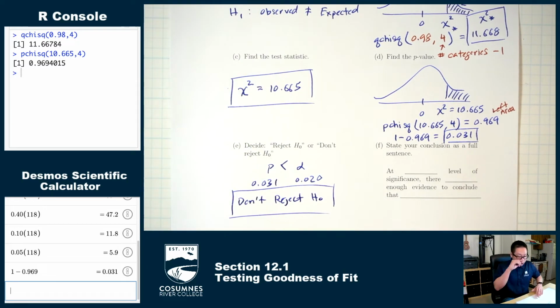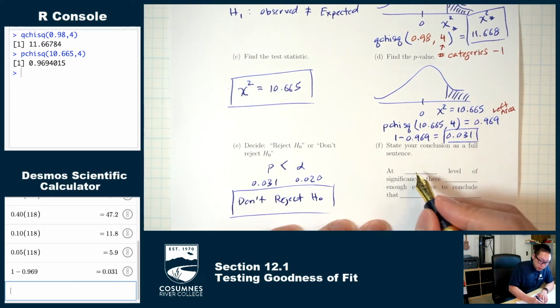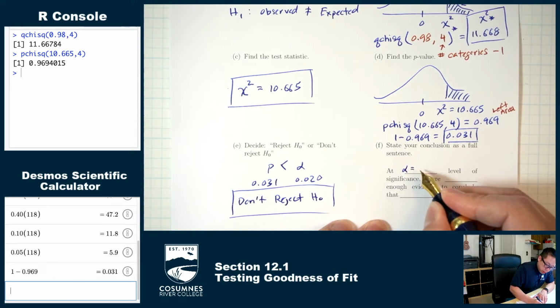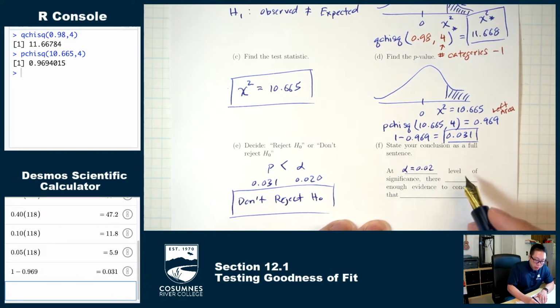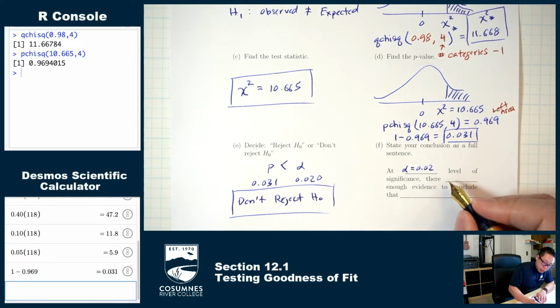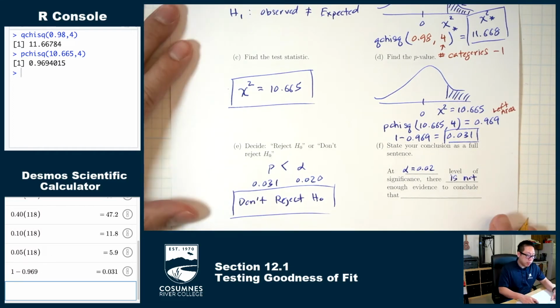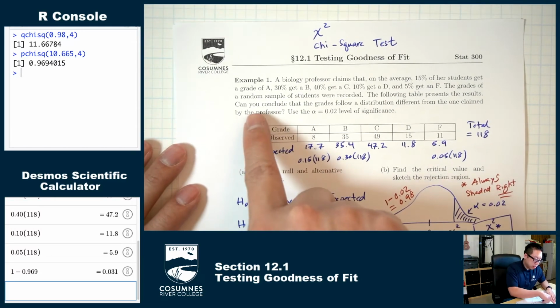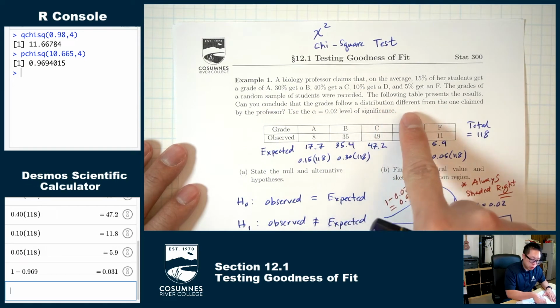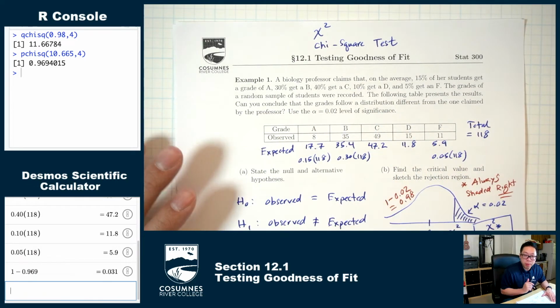And then the sentence, the same. State your significance level at alpha equals 0.02. Level of significance, there is or is not, because we did not reject. There is not enough evidence to conclude that, and then go back to our question, can you conclude that the grades follow a distribution different from the one claimed by the professor?